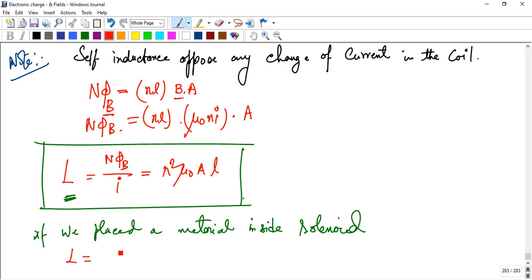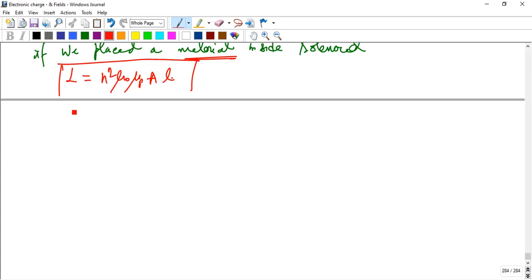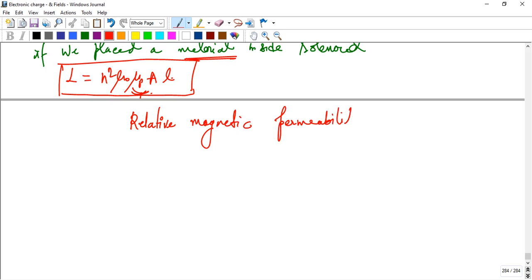So L equals n square mu 0 mu r for the material, times A times L. That is L, when there is a material with a relative magnetic permeability.